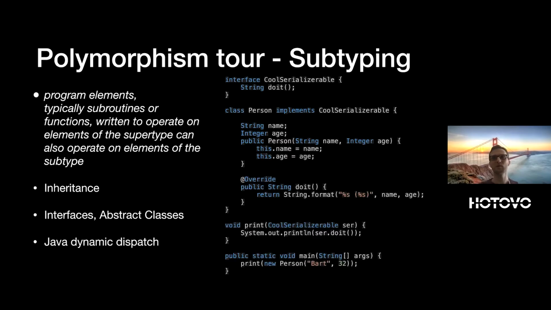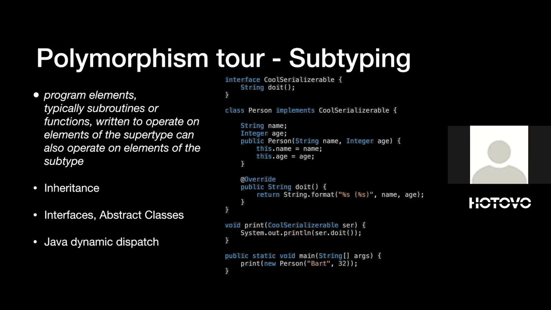This is quite common. I'm quite sure that nobody would be surprised by this kind of code. It's in Java. We have an interface and we have a person class which implements the interface. It complies with the contract, which is a single method here that takes no arguments and returns a string.